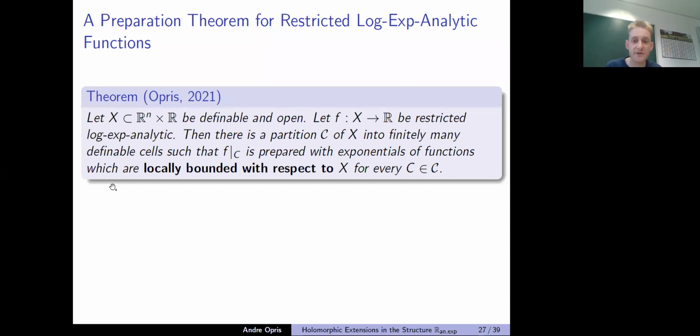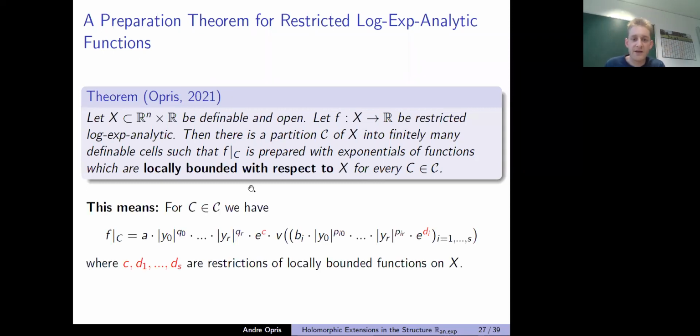Here we have a restricted log-exp analytic function, and we find a partition C of X into finitely many definable cells, such that the restriction is prepared with exponentials of functions which are now also locally bounded with respect to X for every c in C. This means we have the same conditions as above, but also that c_t1 to d_s are restrictions of locally bounded functions on X, since restricted log-exp analytic functions are compositions of log-analytic functions and locally bounded functions, and if you deal with locally bounded functions, you again get functions which are locally bounded, so this c and d_i.